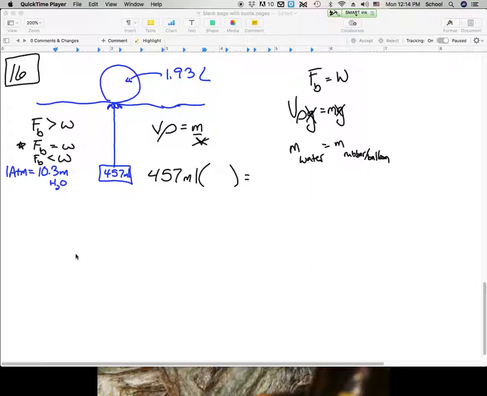Here it's rubber, so we want the density of rubber, that would be 1.34. And then the balloon, I'm going to put this in milliliters so it matches. So we're going to have 1,930 milliliters for the balloon. And we're going to have the density of what's in the balloon, say air.